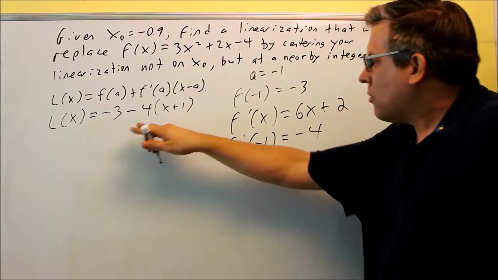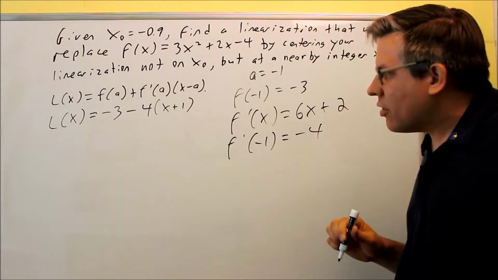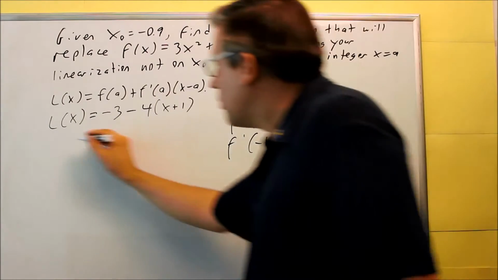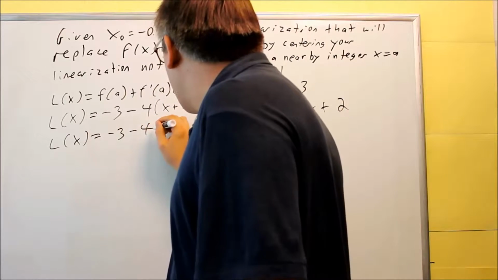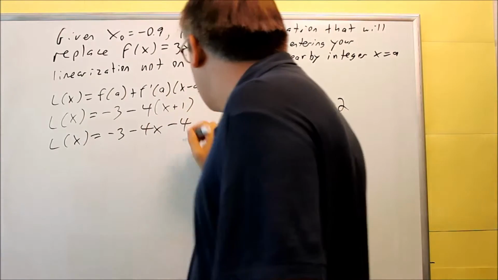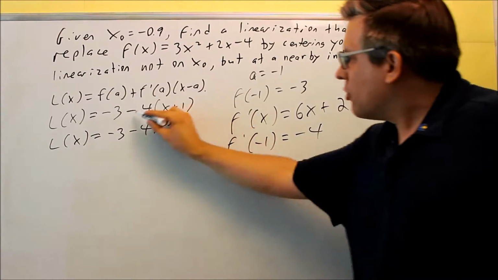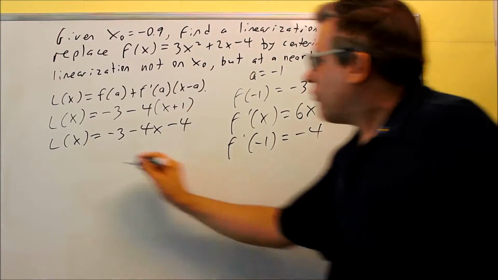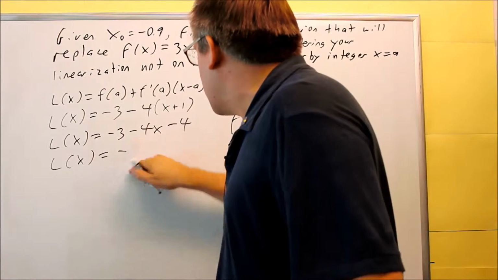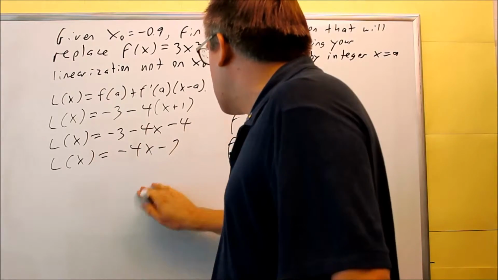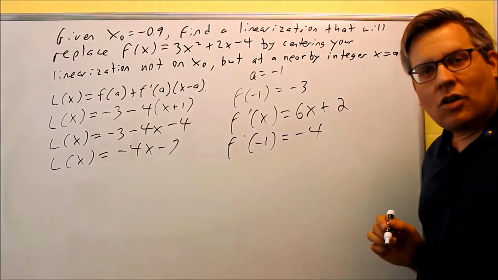Now that I have this, I'm going to multiply it out, combine it together, and write it in slope-intercept form. So L of x is equal to negative 3 minus 4x, and then minus 4. Distribute that into each of those. Finally we write it in slope-intercept form: negative 4x, and then minus 7. This would be your final answer.